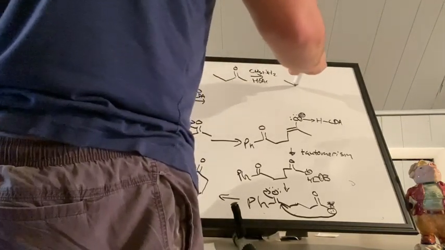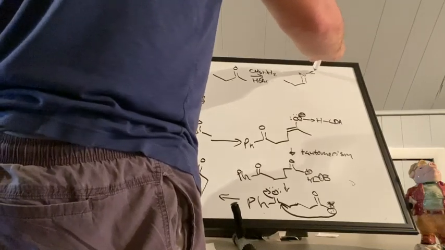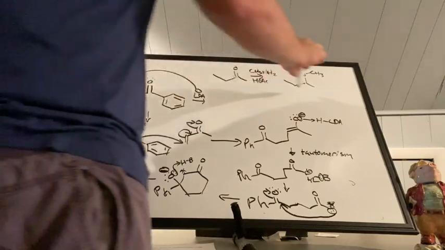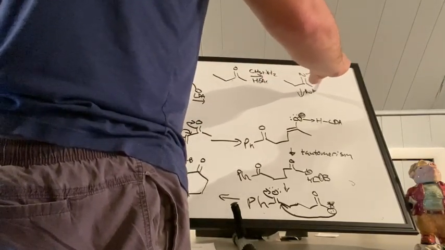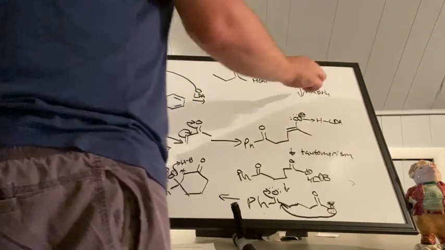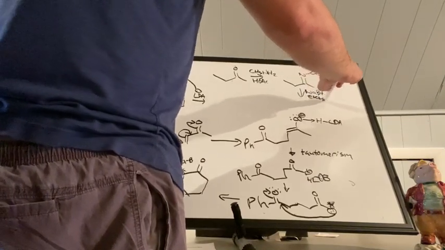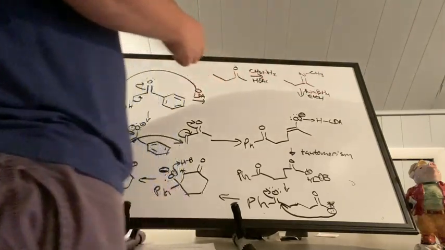So we're going to get E and Z isomers of this imine. And if we just treat that with something delicate like NaBH4, sodium borohydride, in the presence, let's say, of ethanol. Okay, that's just going to reduce this down to a secondary amine.